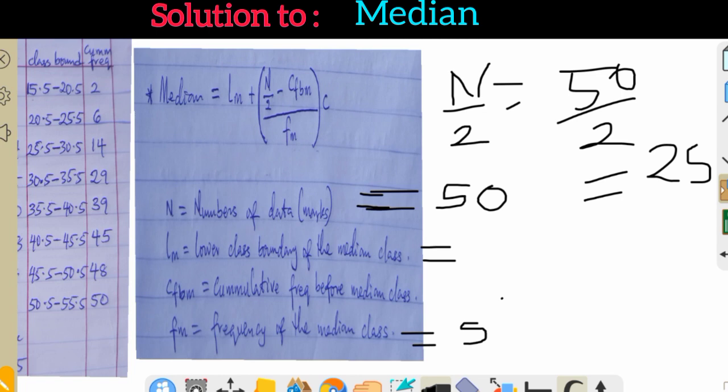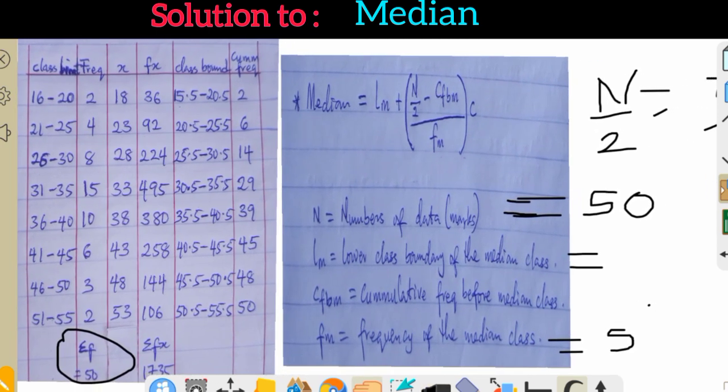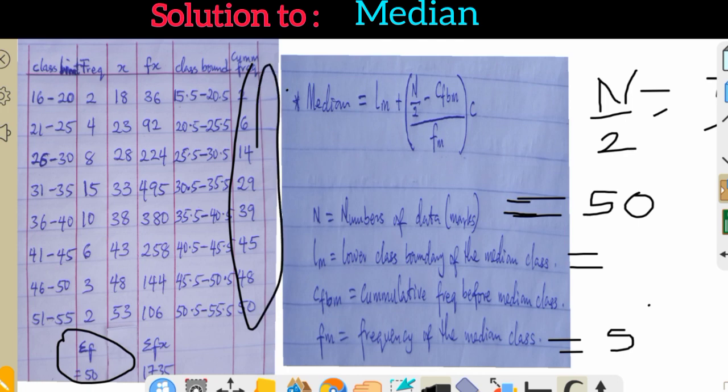So that means our median class is at position 25. Where can we find 25? Check your cumulative frequency table. This is where we are checking now, so take note of that place.